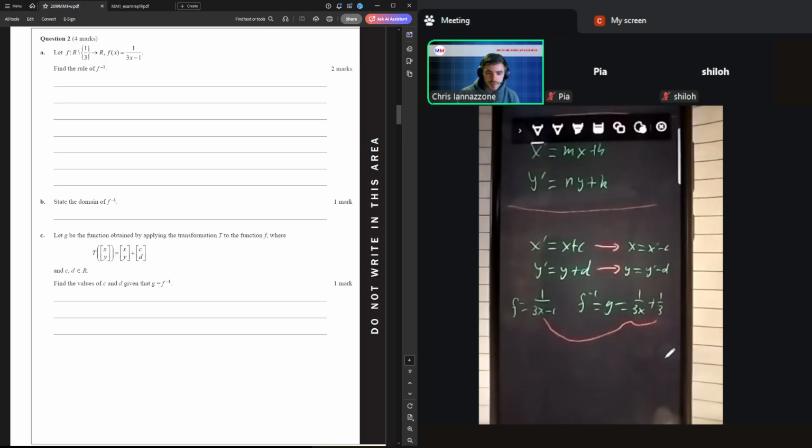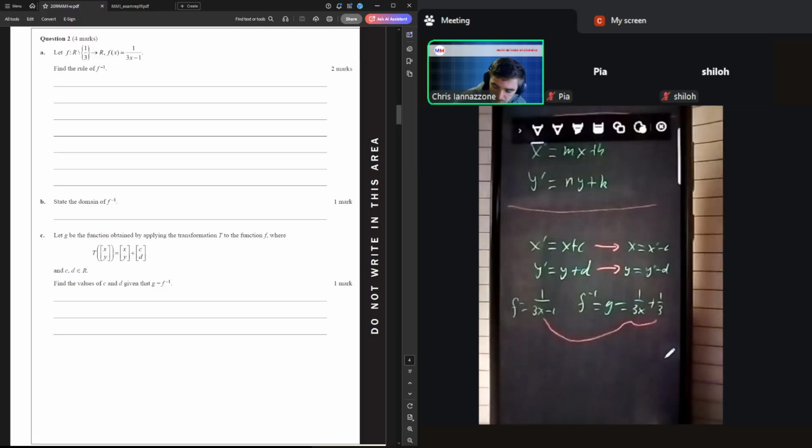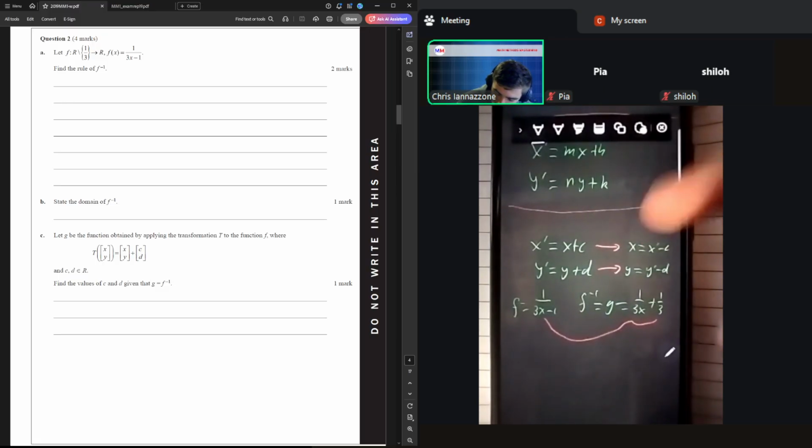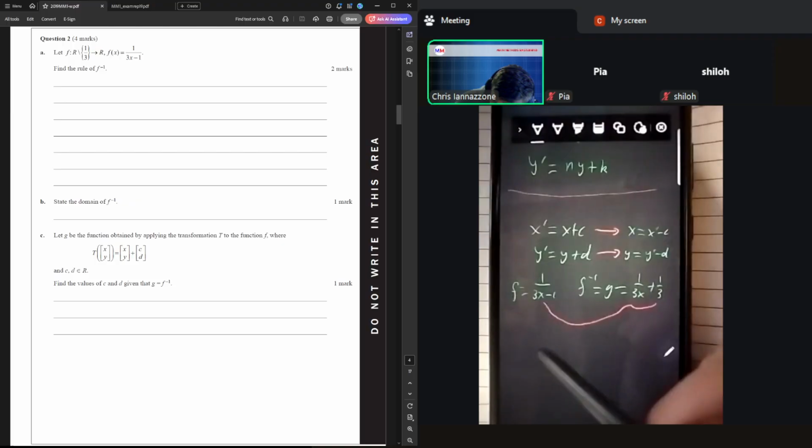First, I'd be going through the sequence of applying the transformation to f. So remember, you start by getting your x and y on their own, and then shoving those in.